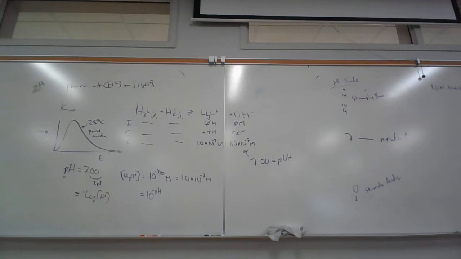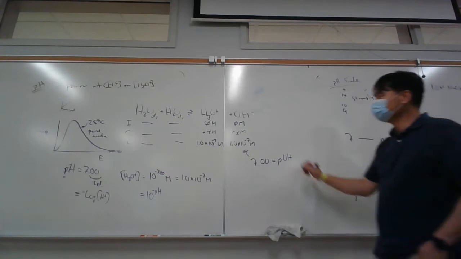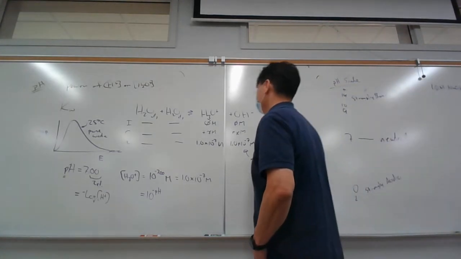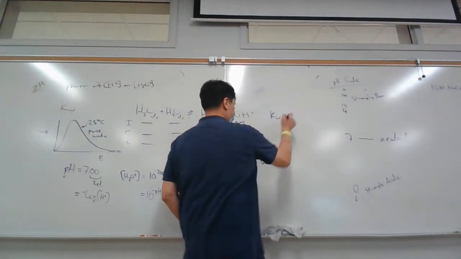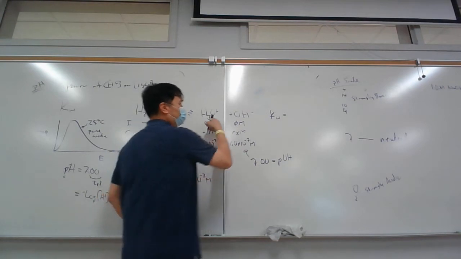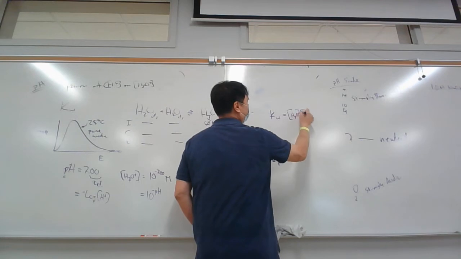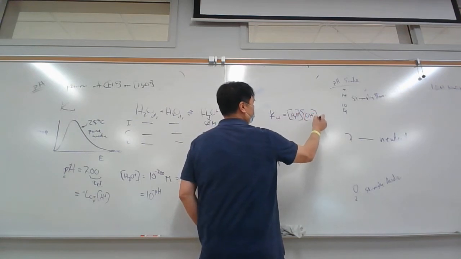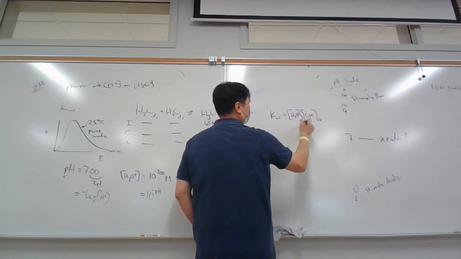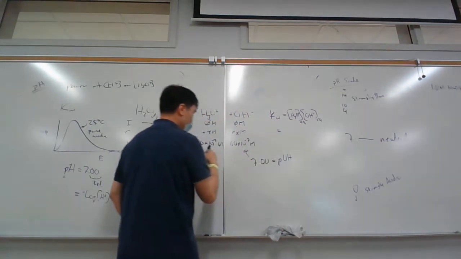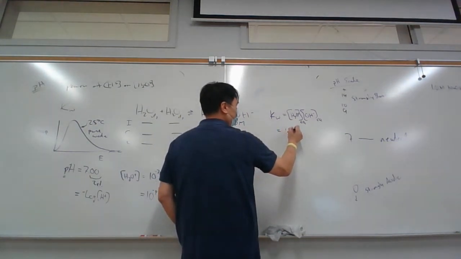Where is this acid coming from? This comes from what we call Kw. And this is Kw here. Kw is the concentration of the hydronium at equilibrium times the concentration of hydroxide at equilibrium. And so the concentration of hydronium is 1.0 times 10 to the minus 7 molar.